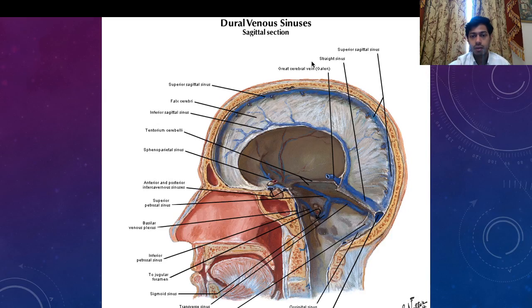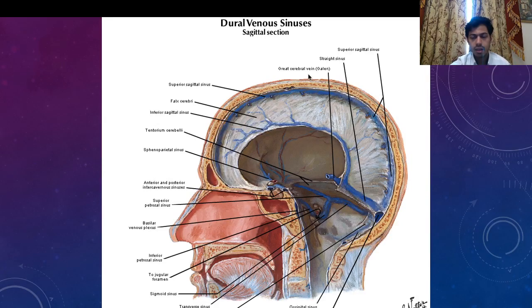And you've got the great cerebral vein of Galen here, which is mainly draining the intracerebral hemispheres before it then forms a confluence of the superior sagittal sinus, the straight sinus, and then eventually the internal jugular vein, which will then pass through the jugular foramen, and then back to the heart.